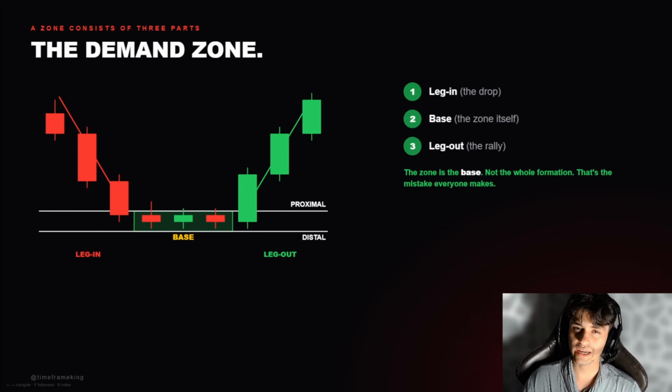The zone is the base, not the whole formation. That is the most common mistake I see. People draw a box around the entire drop base rally, and then they wonder why their stops are 400 points wide and their risk to reward is so garbage. Okay? The leg in and leg out are evidence. They're not the zone. The base is the zone.